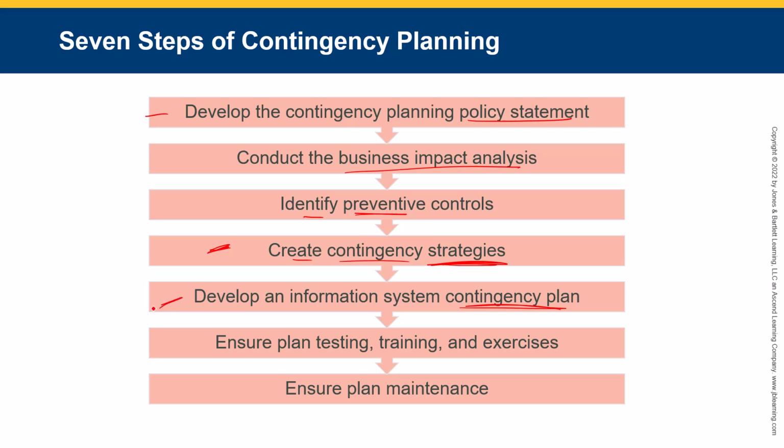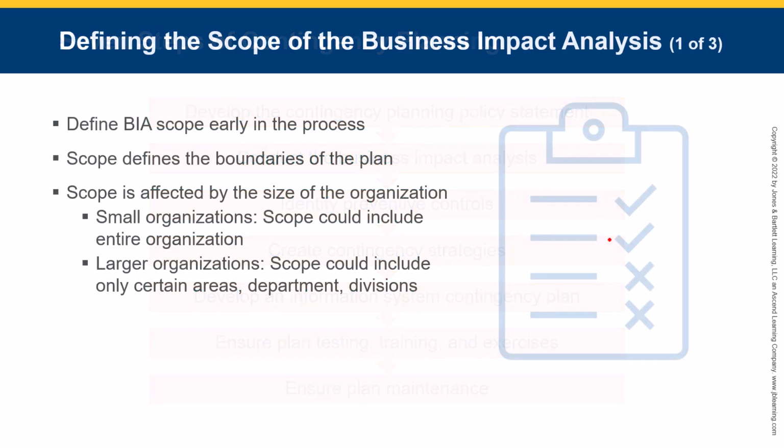Here's the plan. Plan testing, training, and exercises. Ensure plan maintenance, and when appropriate, rinse and repeat. These plans are not always one and done. A lot of them are living, breathing documents, so you actually have to work through the process more than once.